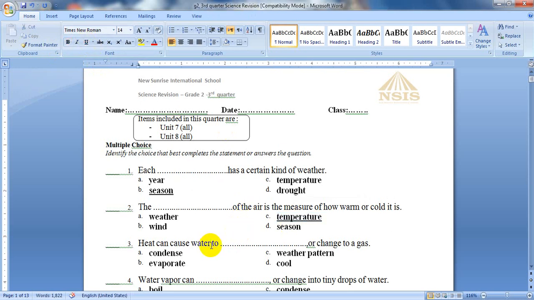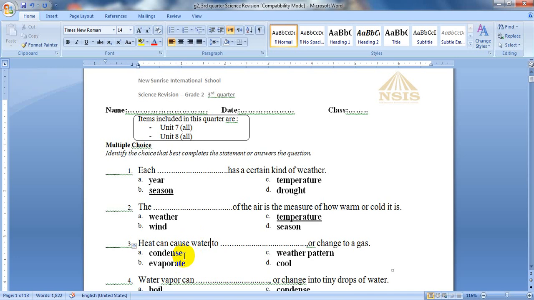Question number 3. Heat can cause water to space or change to a gas. When we use heat, the liquid water will change to be a gas, which we called water vapor. What happens to the water here?